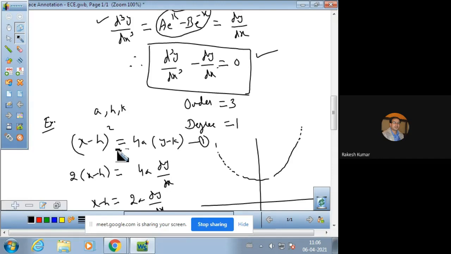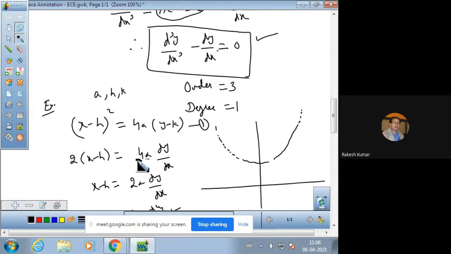The statement is: find out the differential equation of all parabolas with the latus rectum of 4a, and the axis is parallel to the y-axis.